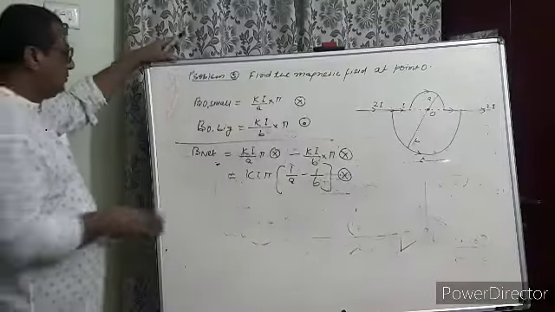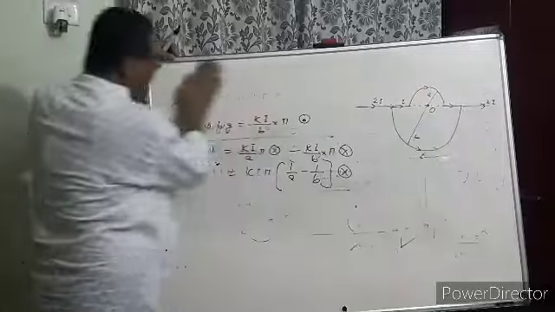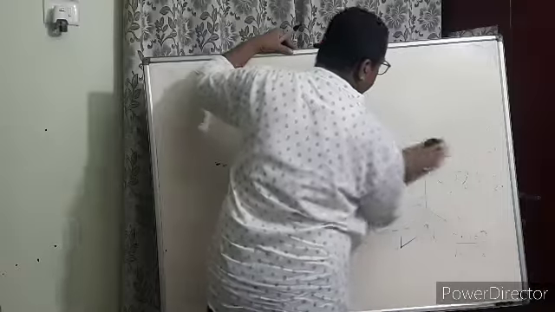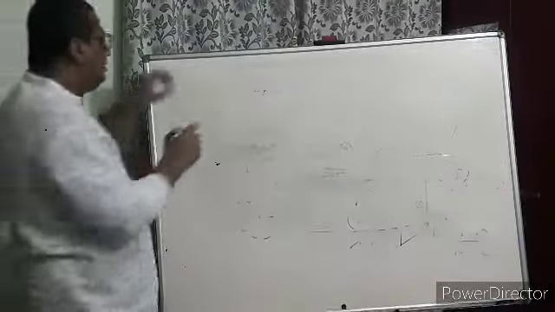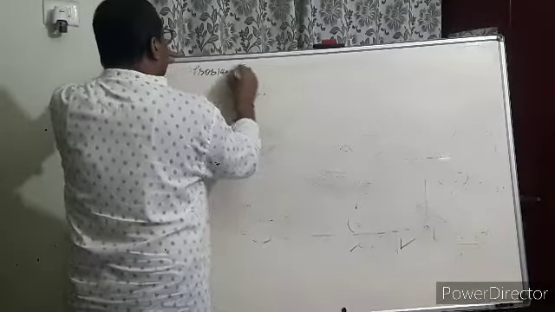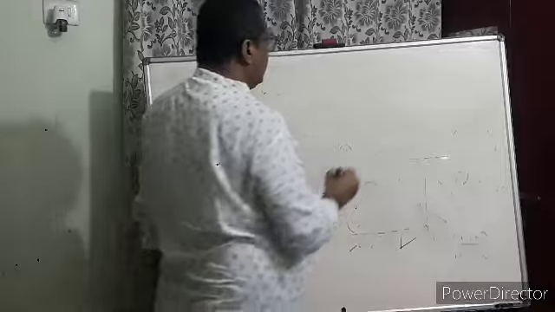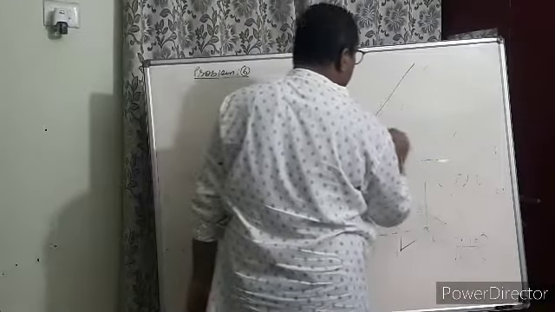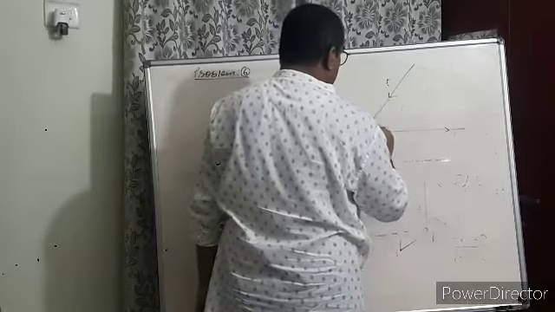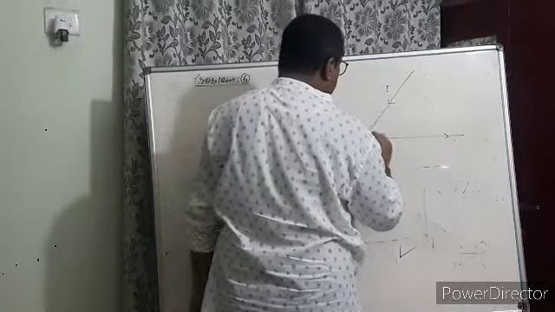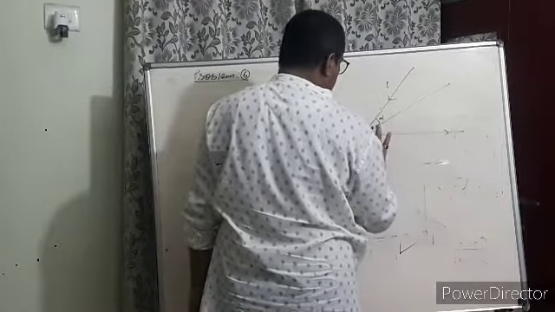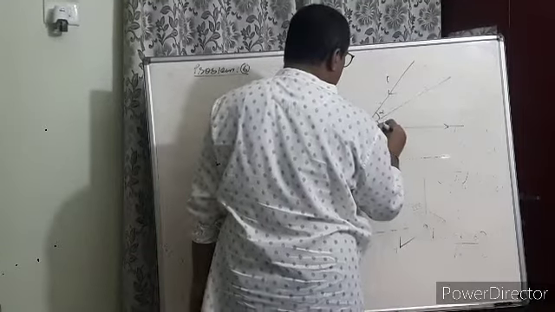Now the last question, problem 6. This is a wire through which current is flowing. Here the angle is theta, here the angle is alpha, and here is also alpha.